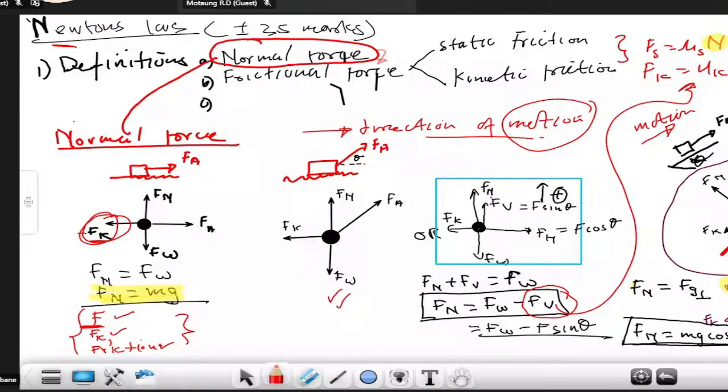So for tomorrow, such that you do not get confused, just remember, if it is on an inclined plane, then your normal force is equal to the perpendicular component of the weight, which is just mg cos theta. Follow up, Lebohang. Okay, I get it, sir.